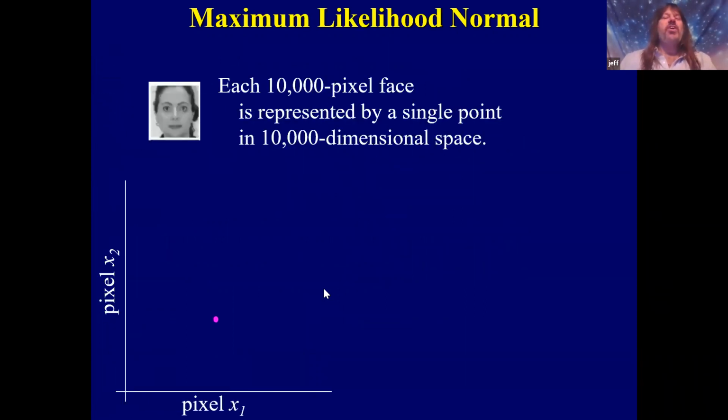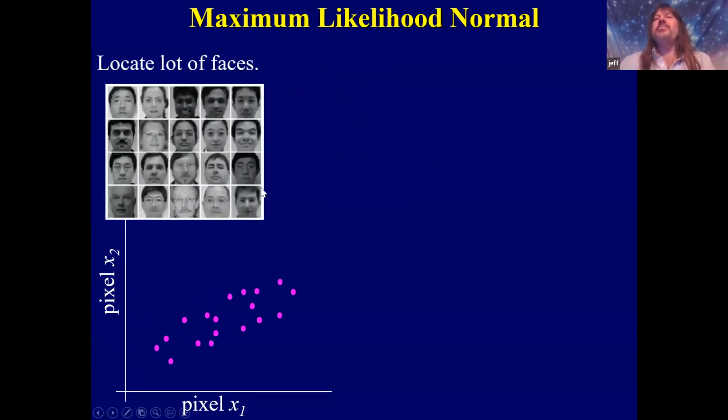All right, let's be concrete here, because that sounds like a lot of math. Remember we had an image represented by 10,000 pixels, so it's a point in a 10,000 dimensional space. That's a complex space. We have lots of images, so that's a lot of points in our 10,000 dimensional space, and that's our data.